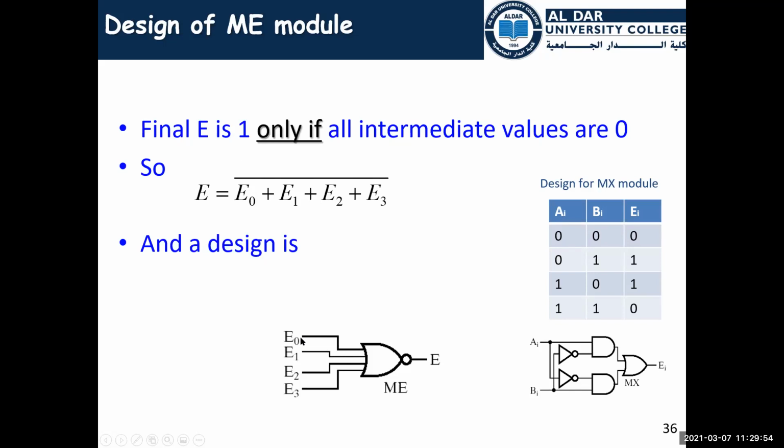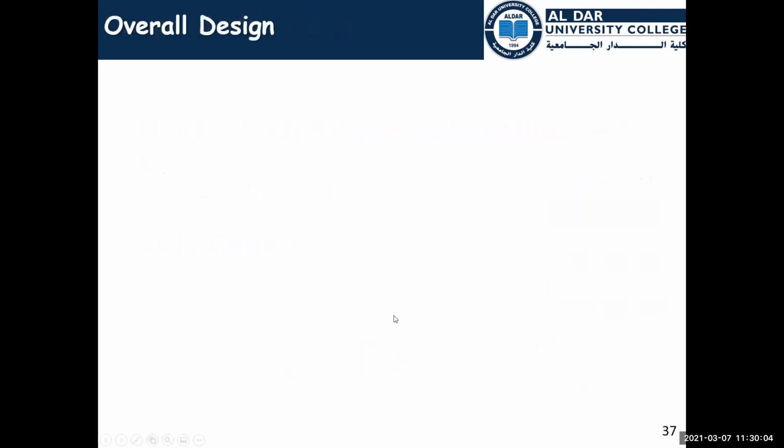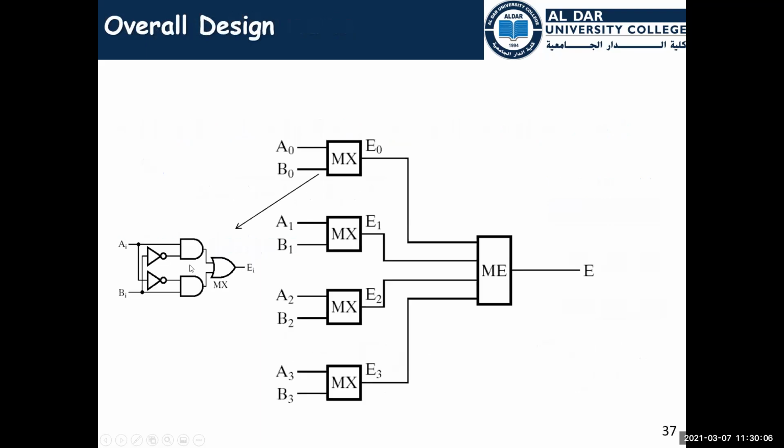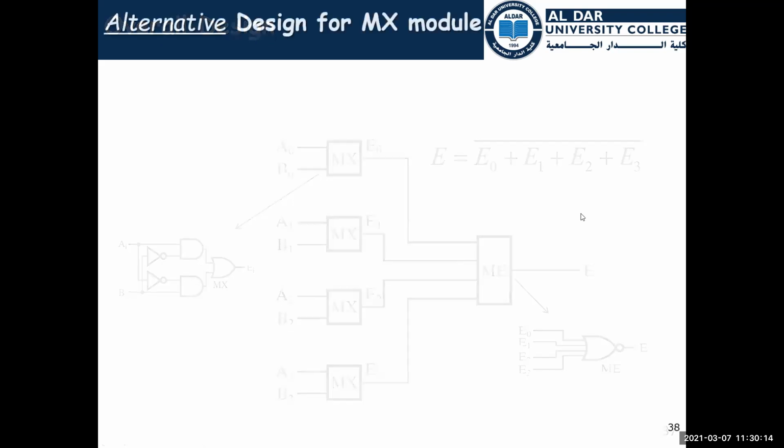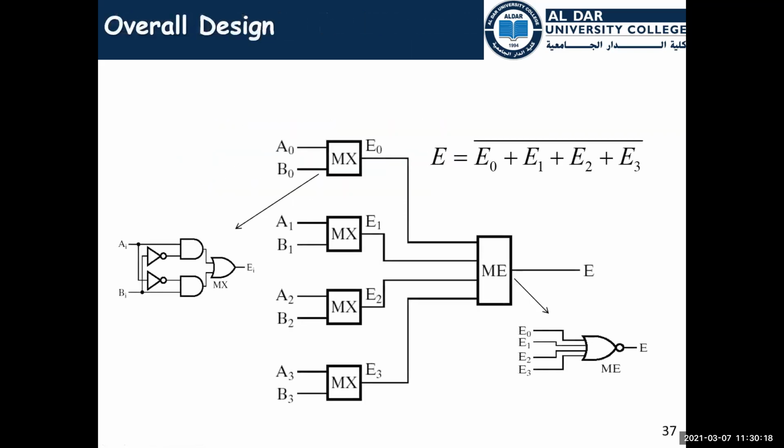So the design is just a simple NOR gate. Okay. Now we have the MX represented by that circuit and ME is represented by that circuit. We reach the design that we need. Okay. You understand this example?